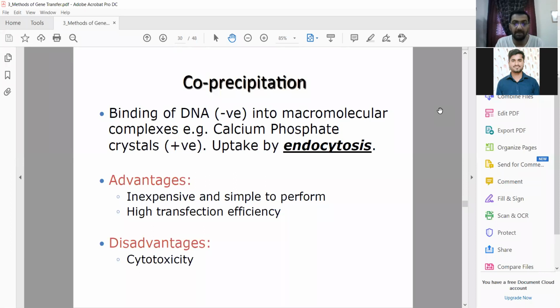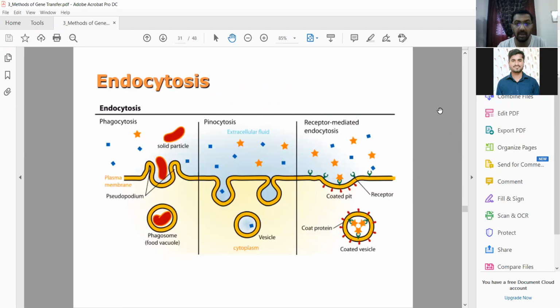With the passage of time, those cells take up those crystals of calcium phosphate along with DNA by the endocytosis phenomenon, and gene transformation, or gene transfer, takes place. We have already discussed the endocytosis phenomenon and how endocytosis takes place, so this is just an elaboration for you all.